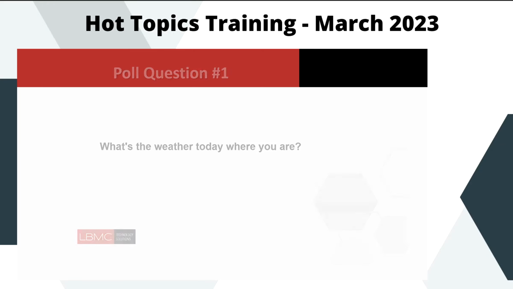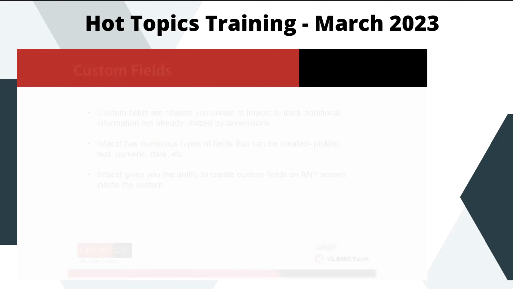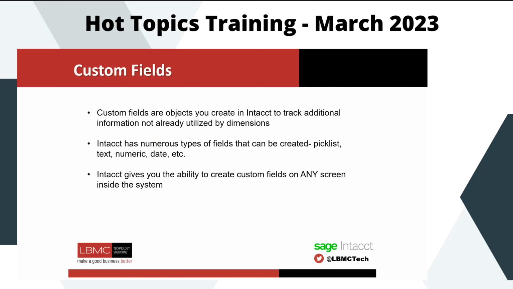One of the first things that we're going to touch on throughout is, what are custom fields? Well, custom fields are objects that you create within Sage Intacct to track any additional information that is not already being utilized by your dimensions. Now, dimensions are things in Sage Intacct that separate Sage Intacct from any ERP system.